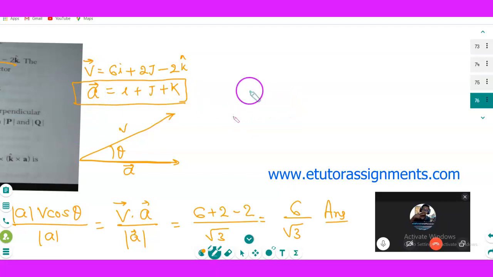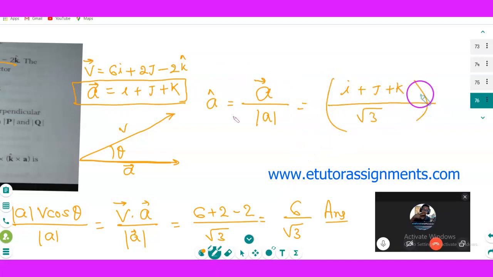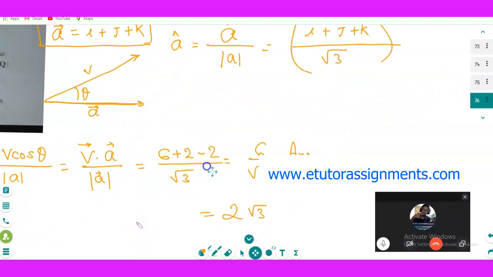What is the unit vector along A? A cap is vector A divided by mod of A, which is i plus j plus k divided by root 3. This is the unit vector, and it can be multiplied by anything to become a vector of that magnitude.